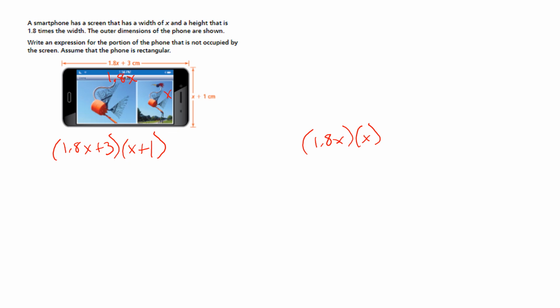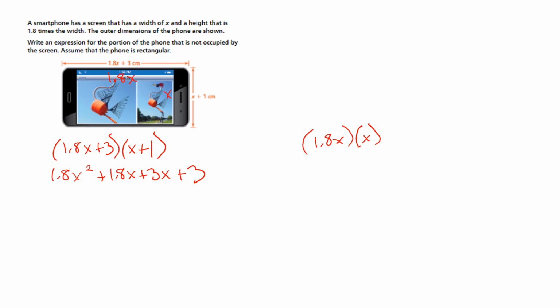So let's multiply the actual phone. 1.8x times x is 1.8x squared, and then 1.8x times 1 is plus 1.8x. 3 times x is plus 3x. 3 times 1 is plus 3. So we just distributed those things.